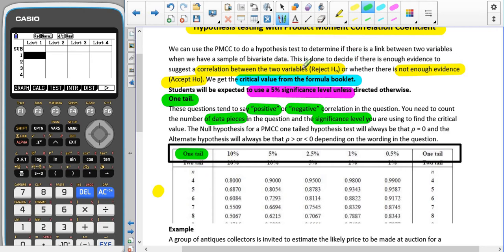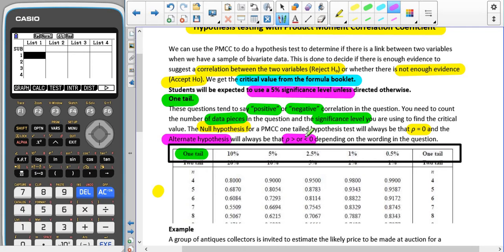And as we were just talking about a null and alternate hypothesis, our null hypothesis, remember, which is H0, that's always going to be rho, which is this slanty P symbol here, equals 0, and that's for both one-tailed and two-tailed. But for one-tailed, our alternate hypothesis, which is our H1, is going to be that rho is greater than 0 or rho is less than 0, depending on if we want a positive or a negative correlation.